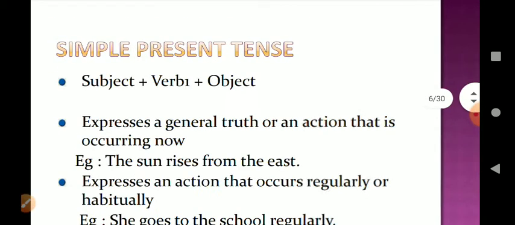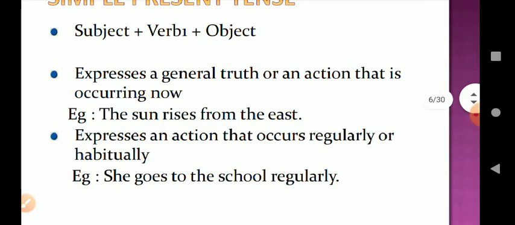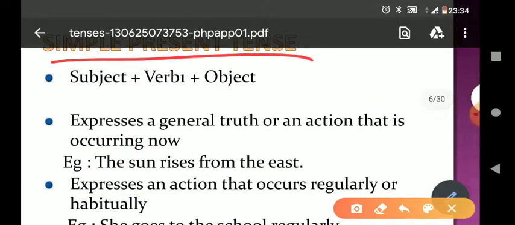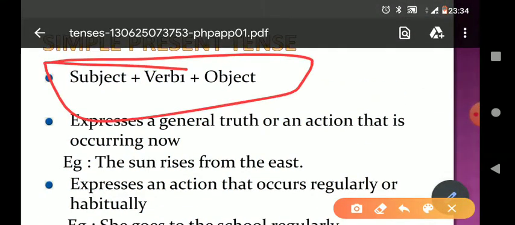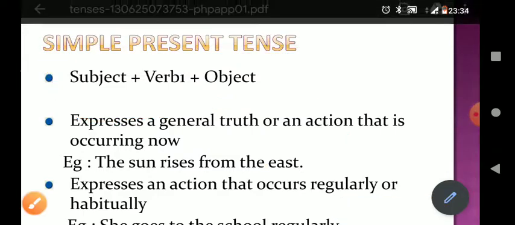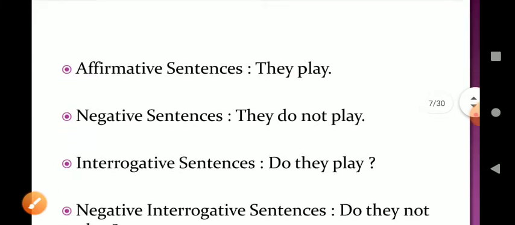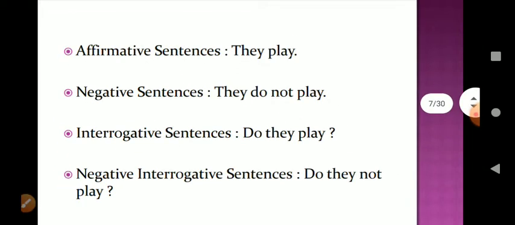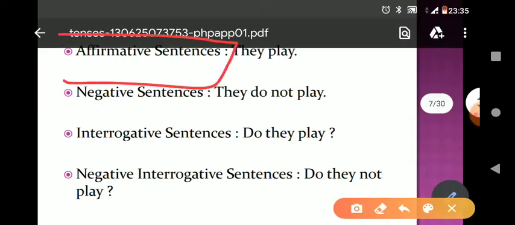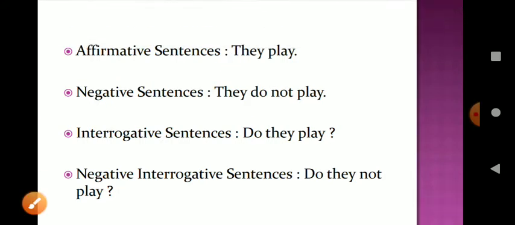This was simple present tense. All rules are the most important. For simple present tense, the rule is subject plus v1 plus object. Now see this. This is a part of simple present tense: how to make affirmative sentences, negative sentences, interrogative sentences, and negative interrogative sentences. An affirmative sentence means any positive sentence like they play.